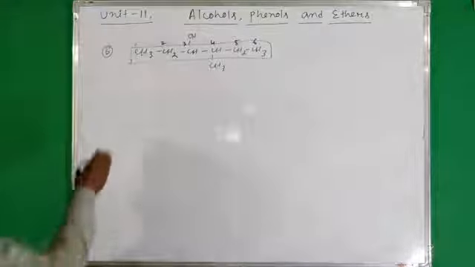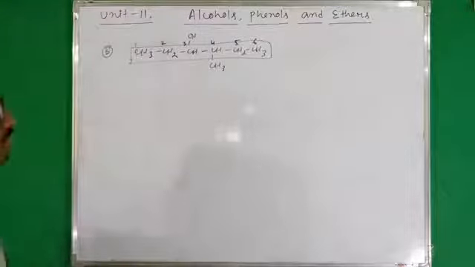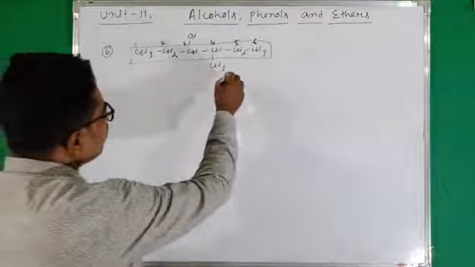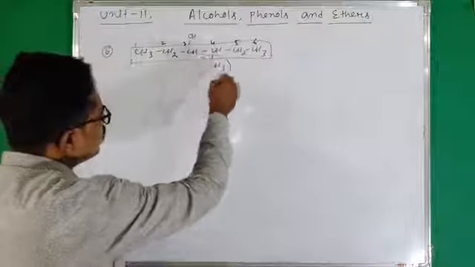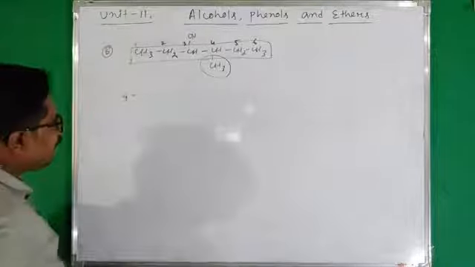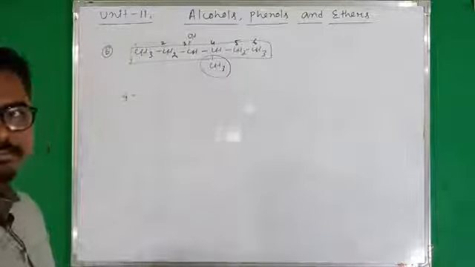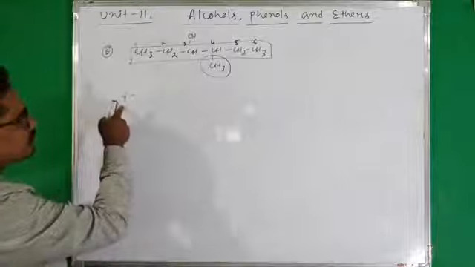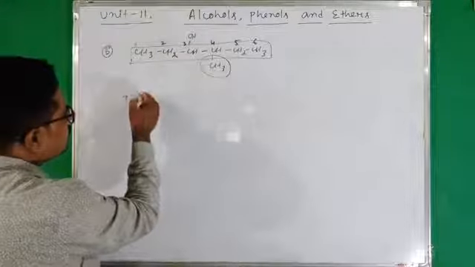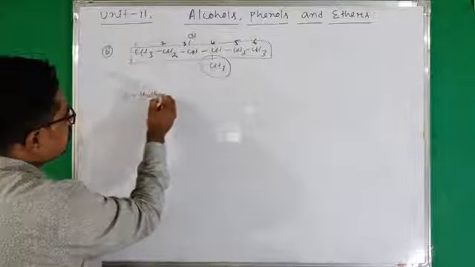Now we will write the name of this alcohol, but in this case one alkyl group is present at the 4th position. Hence at first we have to name the alkyl group. At the 4th position the alkyl group is a methyl group, therefore 4-methyl.